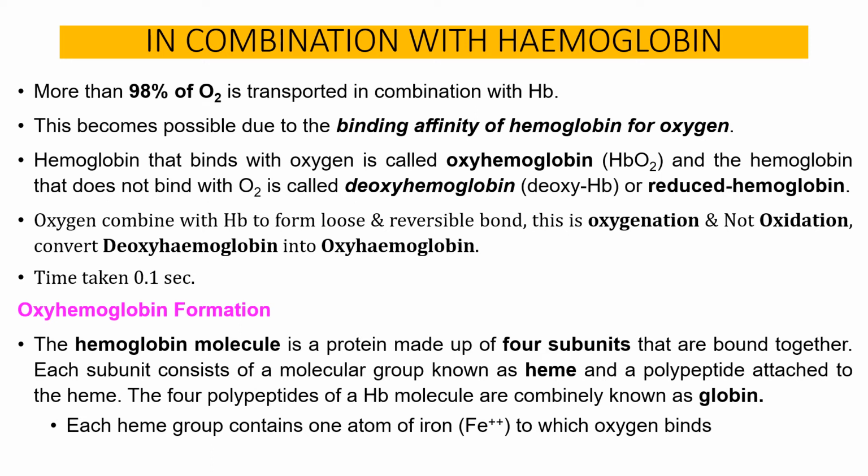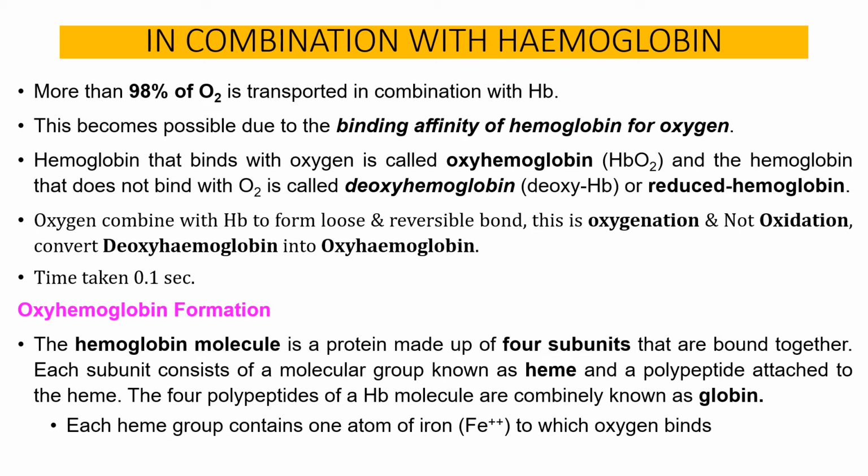Oxygen combines with hemoglobin to form a loose and reversible bond. This is oxygenation and not oxidation. In a normal chemical reaction, when oxygen is bound to any element, the process is known as oxidation. But here that oxygen doesn't make a solid bond with the hemoglobin.